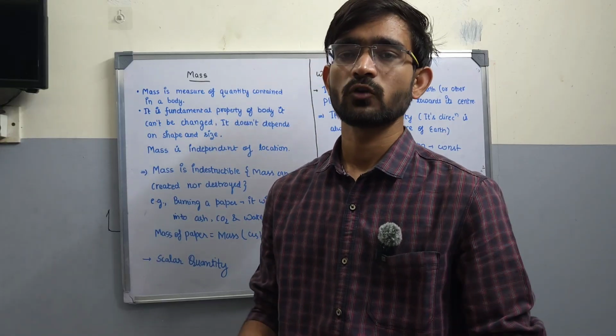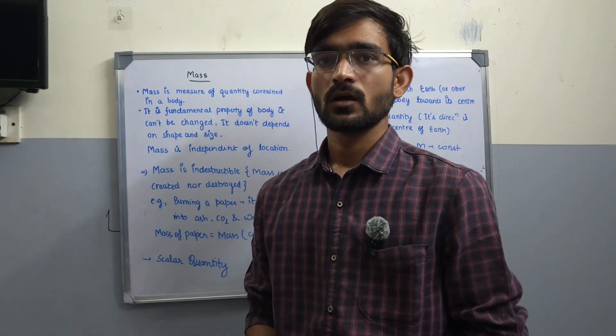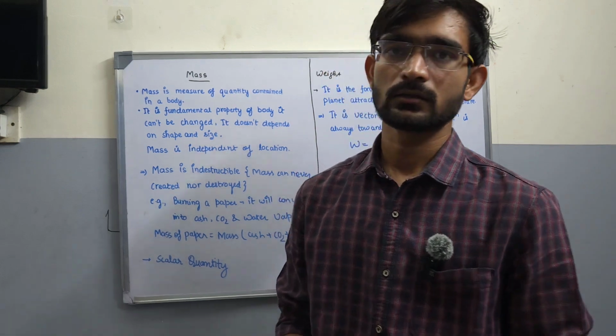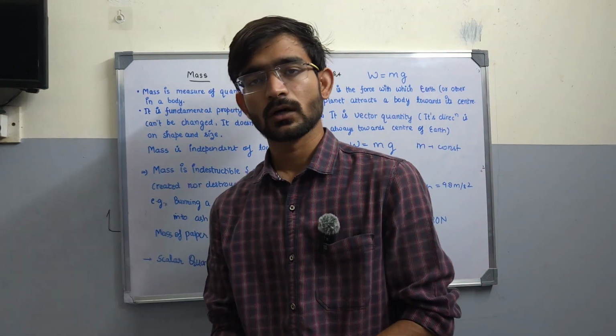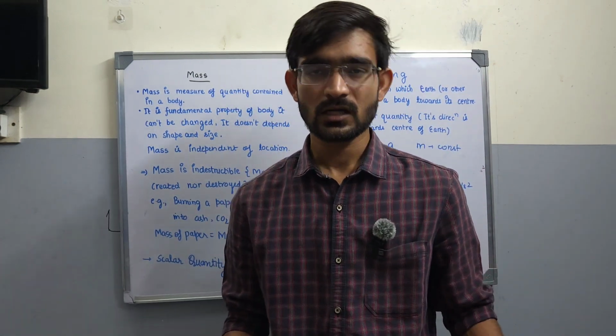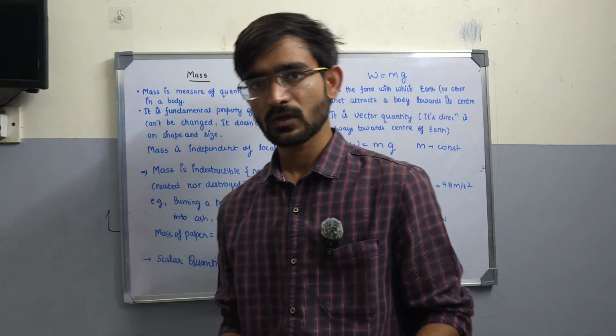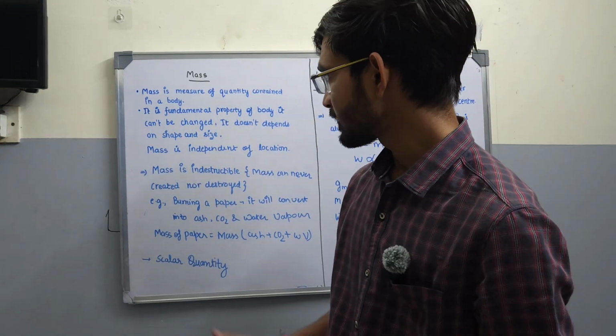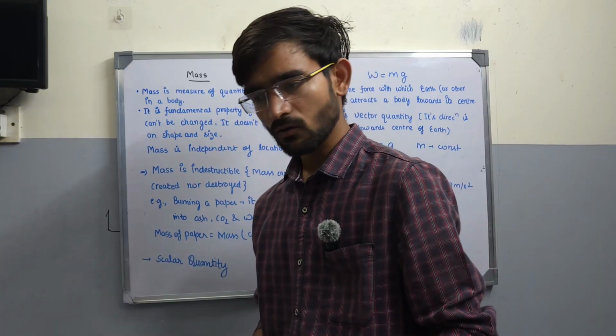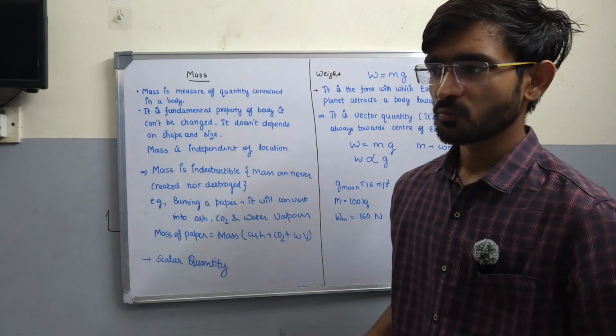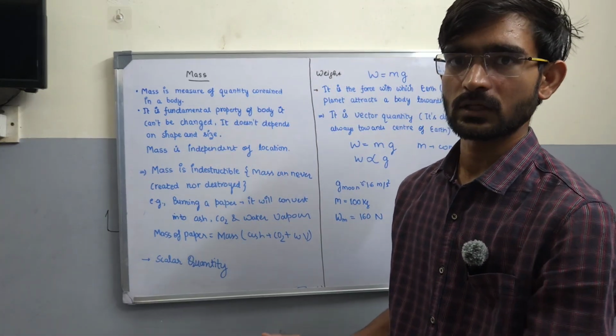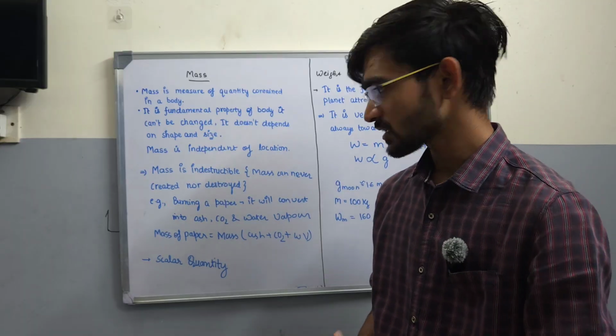The only thing that is going to change is weight, because weight is a force, not the amount of matter contained in a body. So weight can change, but mass can never be changed. And it is a scalar quantity. That means it's only a magnitude. So mass is a number only. It has no direction.